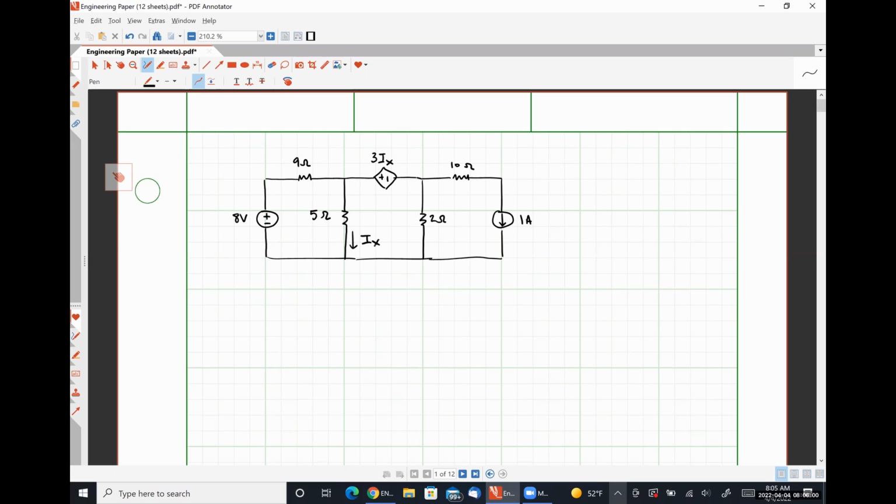Because we are going to work this problem specifically with nodal analysis, the first thing that we have to do is identify our nodes and then assign a reference.